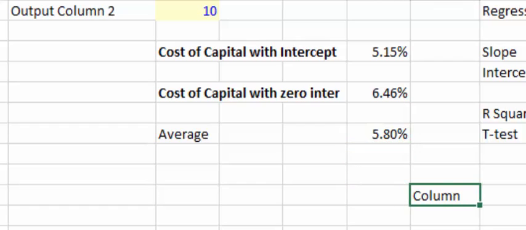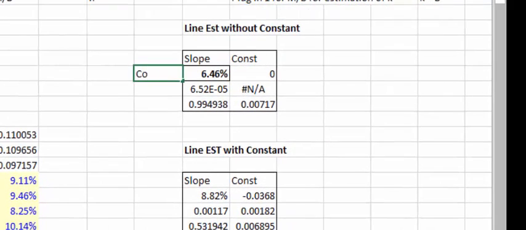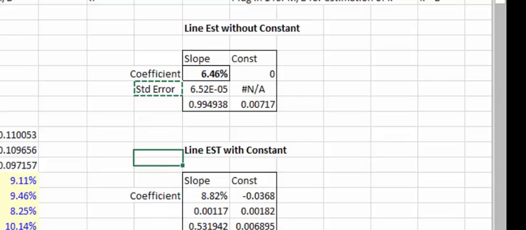This is our, I should put this as the coefficient. Okay, maybe we'll go like this. And then that's from our line estimate function. And then we put the standard error. And then the bottom one has the r squared.